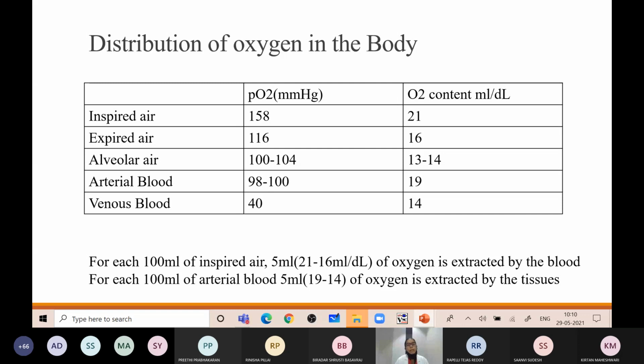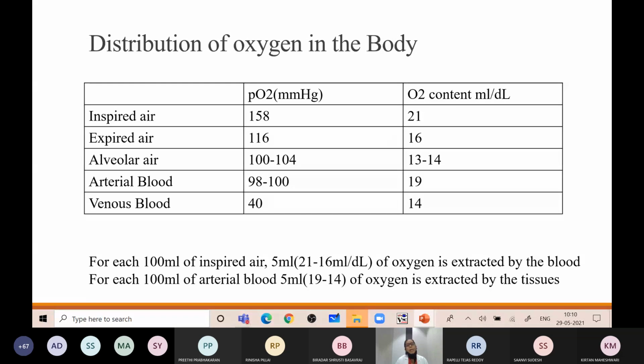In venous blood the partial pressure of oxygen is 40 mm of Hg, whereas the oxygen content per 100 ml of venous blood is around 14 ml. So these are the partial pressure of oxygen and oxygen content in different parts like inspired air, expired air, alveolar air, arterial blood and venous blood.